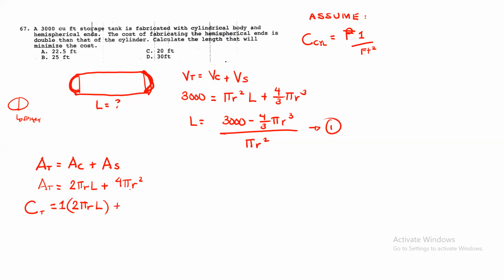So ibig sabihin cost ng sphere is equals to 2 times cost ng cylinder. So medyo nakakalito tong problem na to, no?